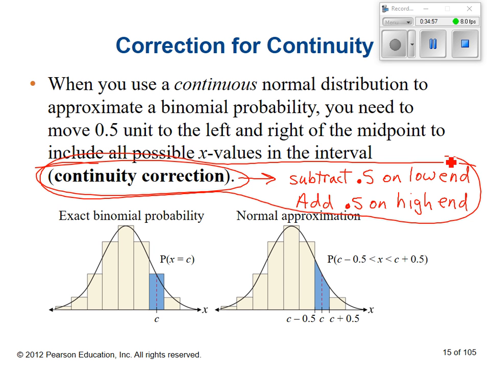You very well may subtract 0.5 on the high end, depending on what probability you're trying to find. That's what makes this a little more difficult, because you've got to stop and really think about what you're doing here and what you're looking at.